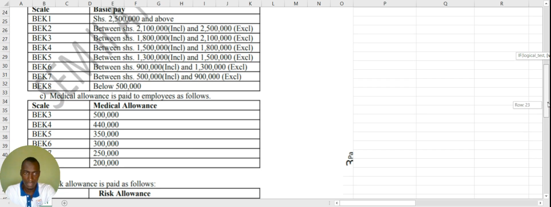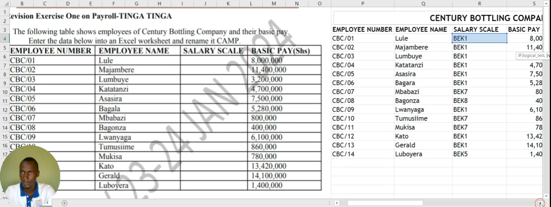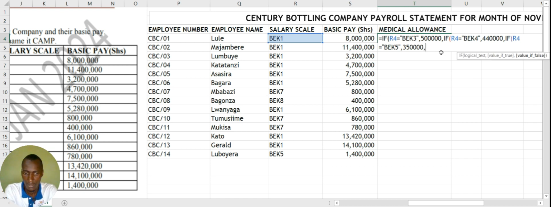Then if it's BEK6, that is 300,000. If the salary scale equals BEK6, then that is 300,000.